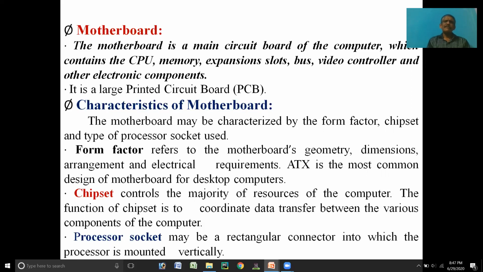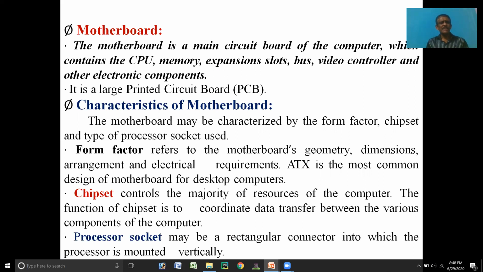Then the second characteristic is chipset. Chipsets are used to control the majority of the resources available on the computer system. This also performs one more function, that is, it coordinates the data transfer between the various components of the computer.